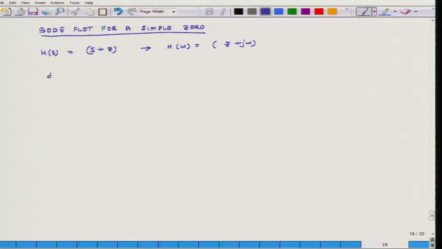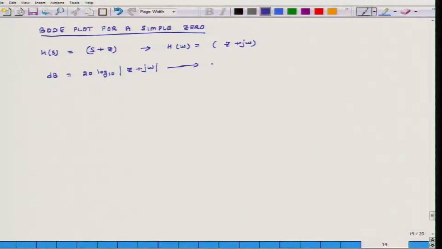In decibels I can express it as dB equals 20 log 10 of the magnitude of z plus j omega. Again, we have asymptotic representations of H. So, we will consider two scenarios.